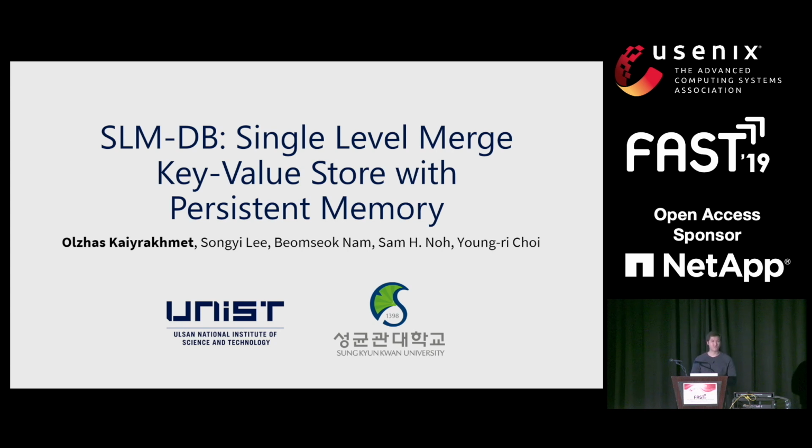Hi. Do you have any idea of what fraction of the benefits come from having a single level in the disk versus from having the skip list be in VM? Can you elaborate? For example, if you have a single level on disk in traditional LSMs, how much of the benefit do you get just from that?